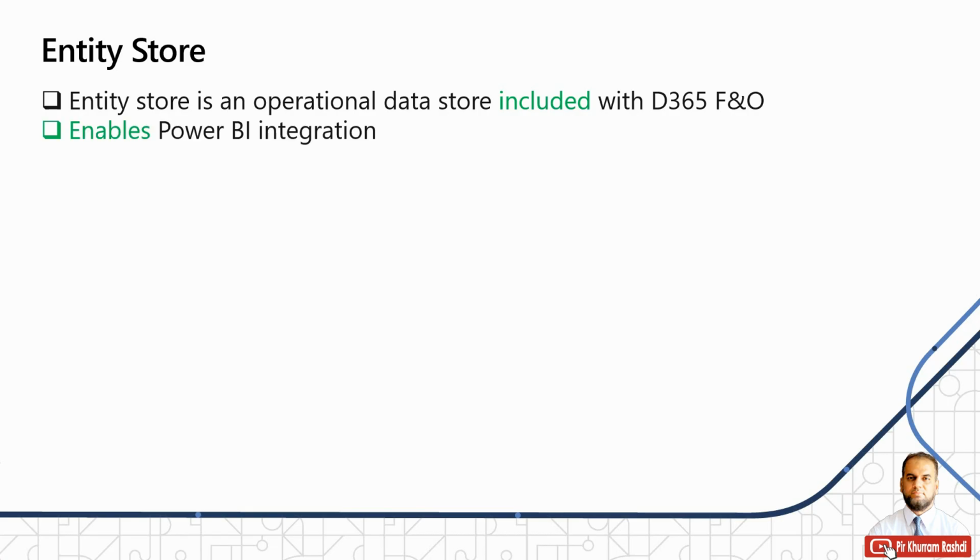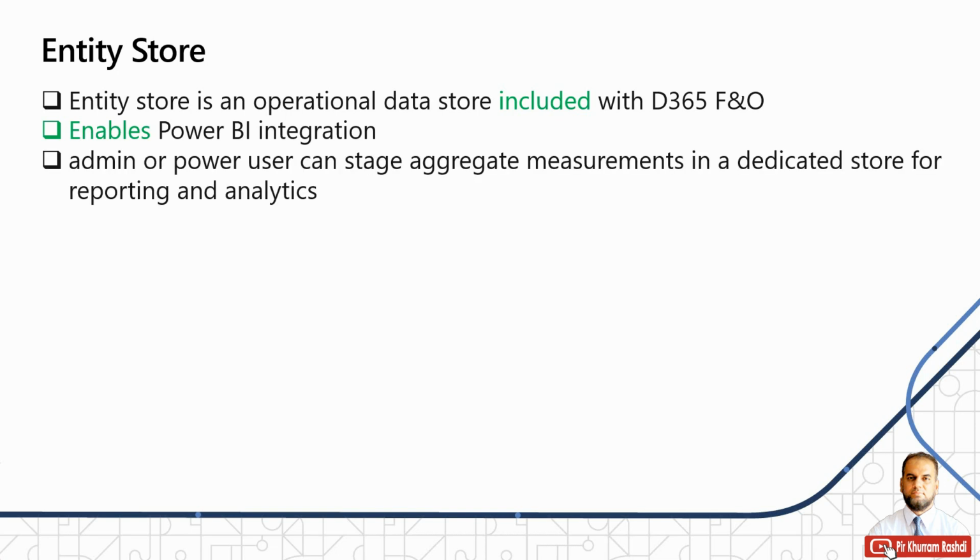Okay, so entity store enables the Power BI integration because it has the snapshot of OLTP, or the AXDB, which is the transactional database. So it basically allows you to develop Power BI reports which can be embedded within F&O.